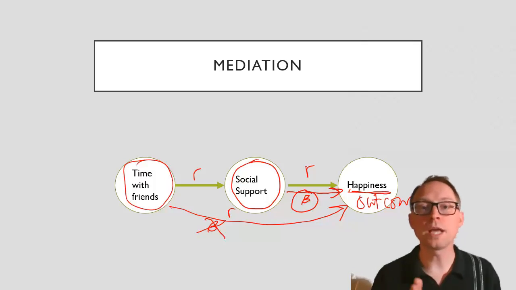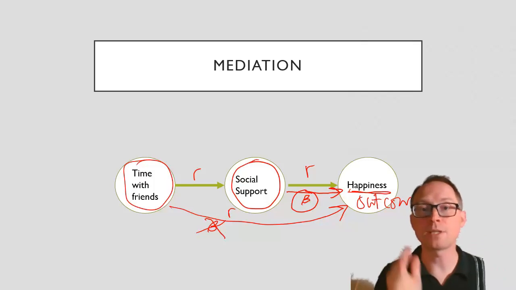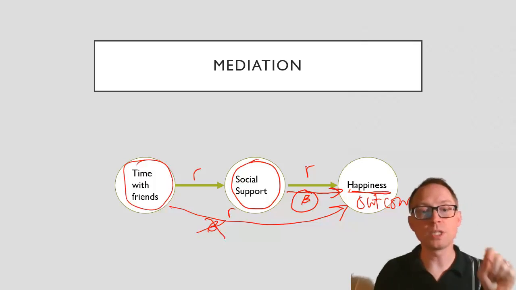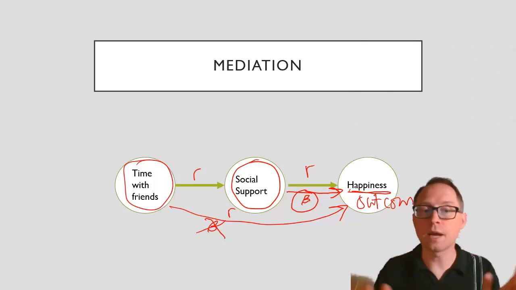Because what we're saying is that social support is the thing that actually causes the happiness. Time with friends just causes the social support, just changes the social support. It doesn't affect happiness by itself. When the beta weight is not significant between time with friends and happiness, that's exactly what it's saying. When you take out the effect of social support, time with friends cannot predict happiness.